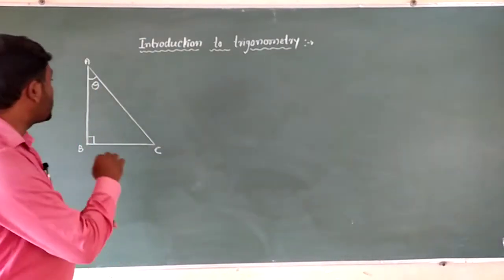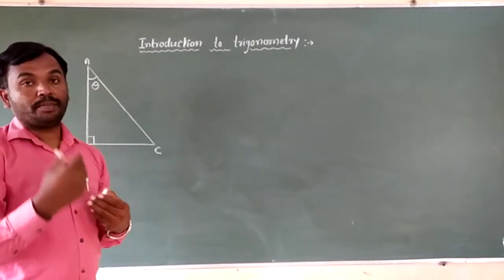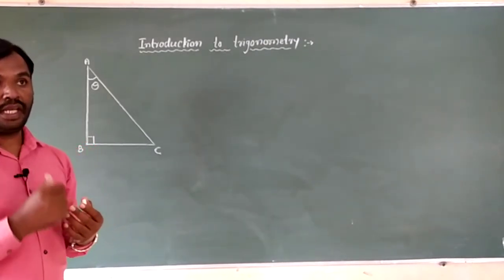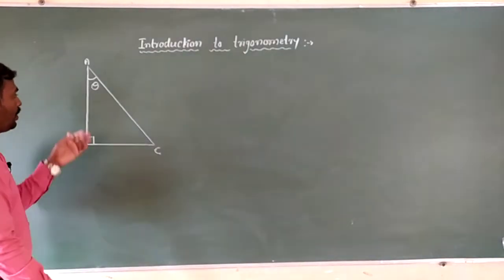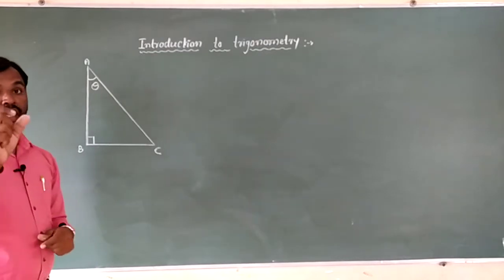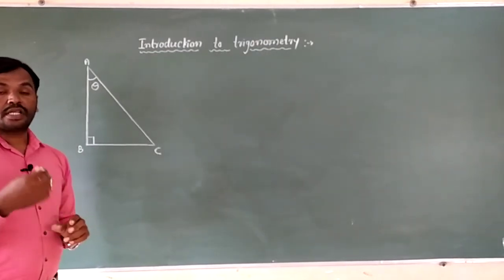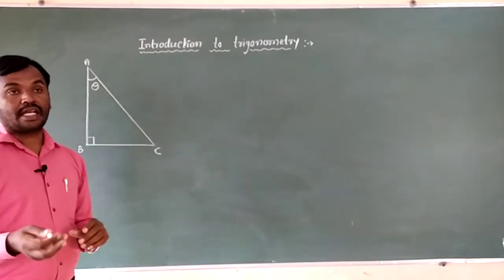Before discussing the ratios of these sides, I have a name to identify me. In the same way, when we take the ratio of the sides of this triangle, they have been given some names: sine, cos, tan, cosec, sec and cot.